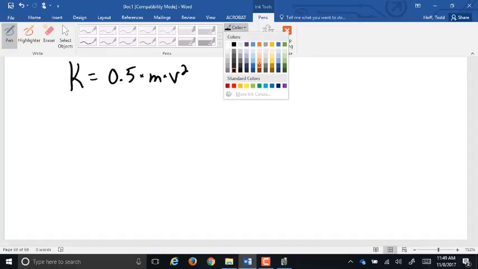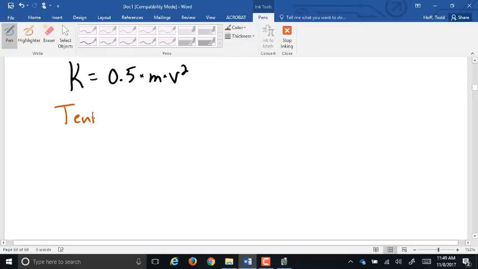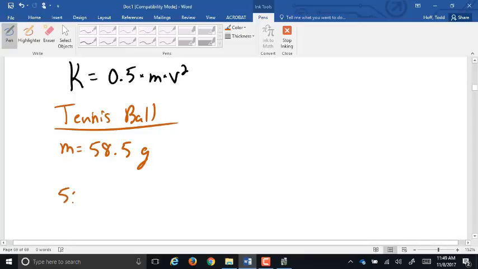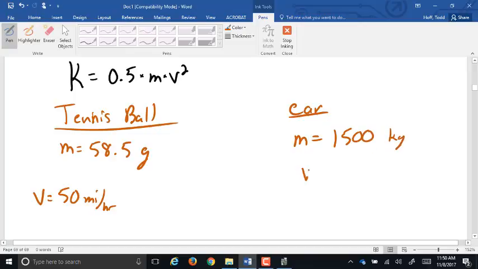They want you to compare a tennis ball that has a mass of 58.5 grams and a velocity of 50 miles per hour, to a car that has a mass of 1,500 kilograms and a velocity of 65 miles per hour.